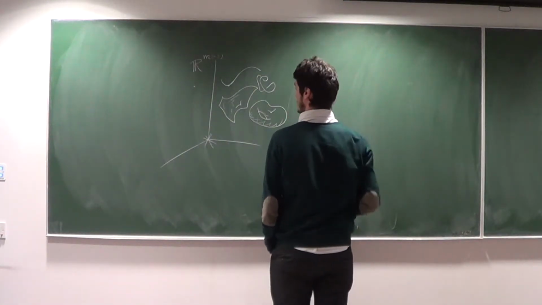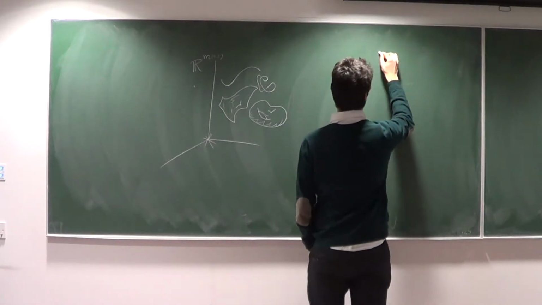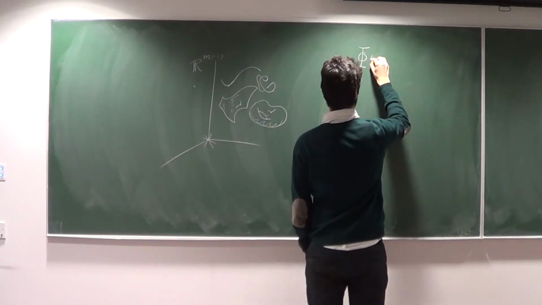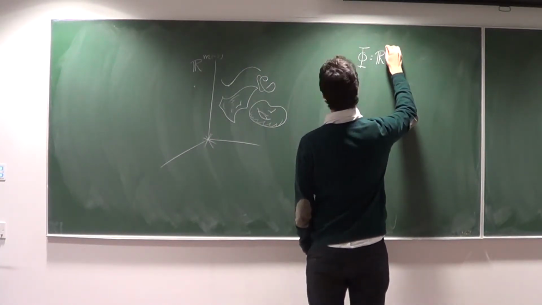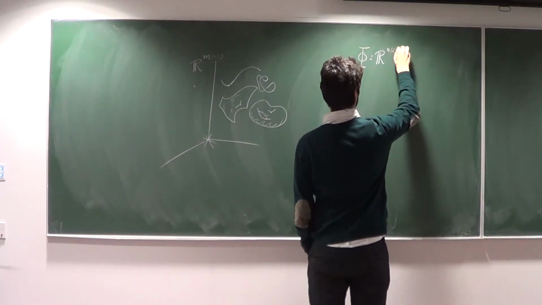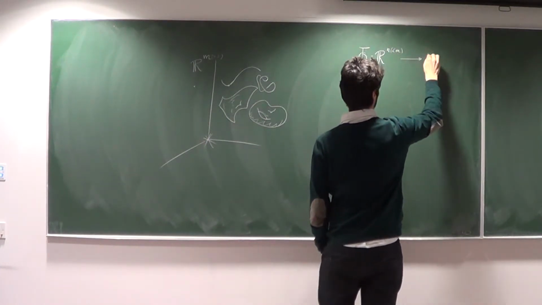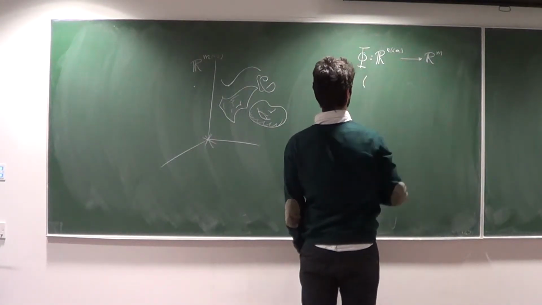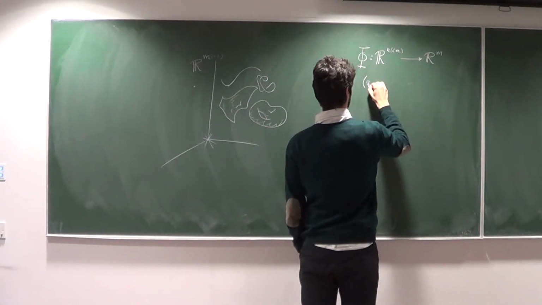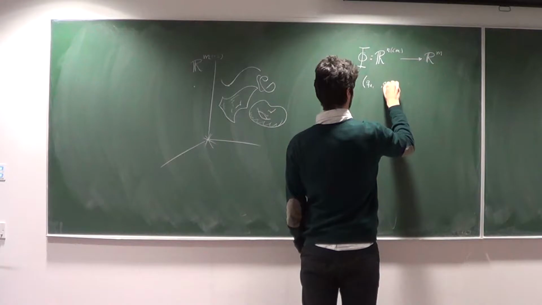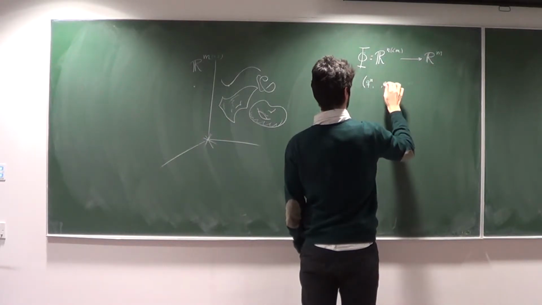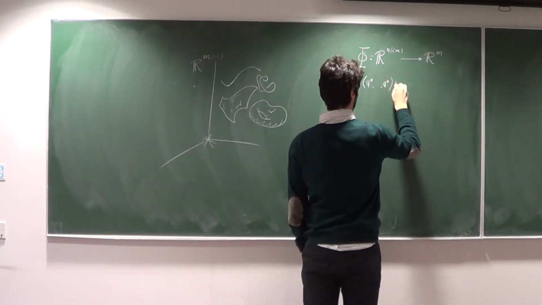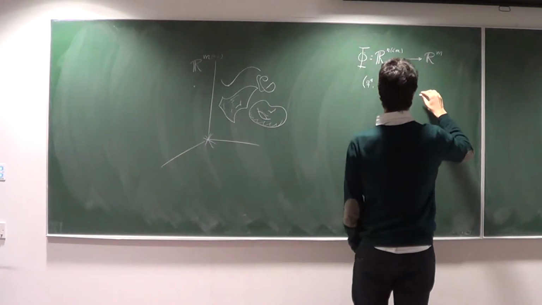So what we're going to do is we define a map from Rn, which is of course of n numbers upstairs, into Rm.